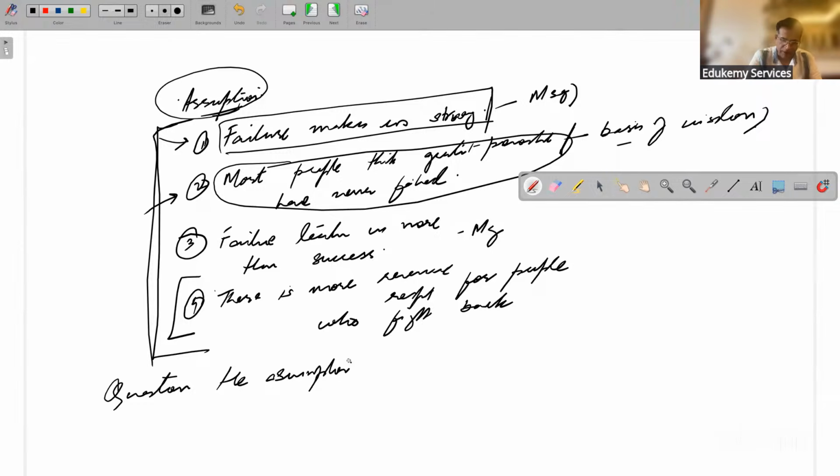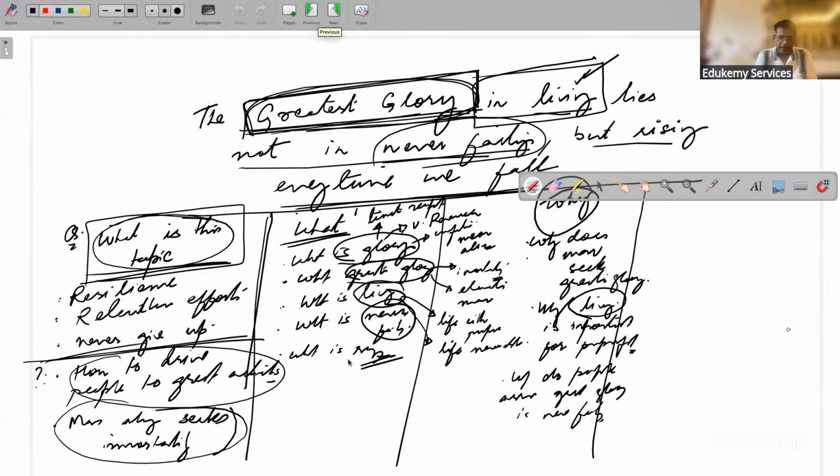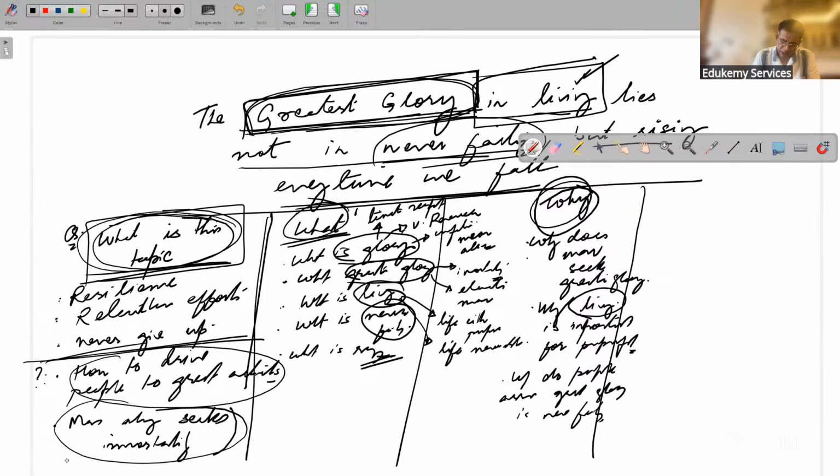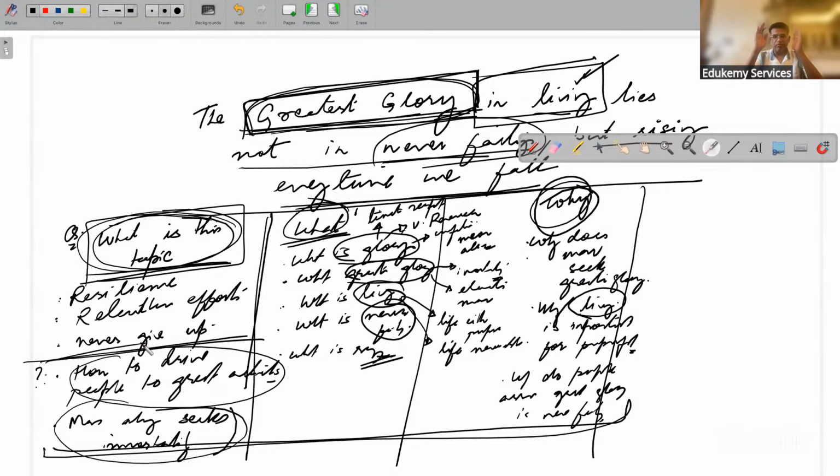So look at the steps we have gone through. First, a generic topic: what the topic is about. Then some what-based questions about the topic. Then I've asked why questions. These what and why questions open up your thinking. They open up your horizon.